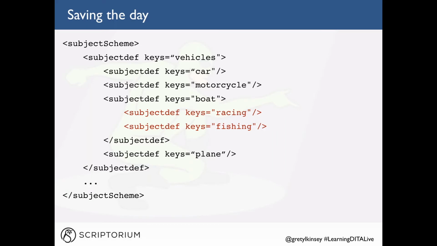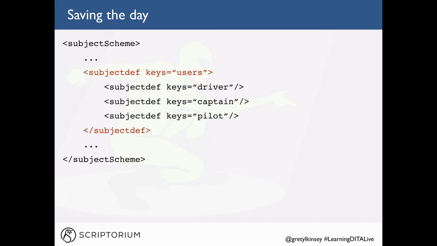Now, let's say that you're a company that produces equipment for all of these different types of vehicles, and you want to keep track of what kinds of people might own or operate those vehicles. You can set up another category of values for that. So, after you've got that hierarchy of subject def elements we just saw where you've categorized your vehicles, maybe then you set up another hierarchy like the one here that categorizes your user base.